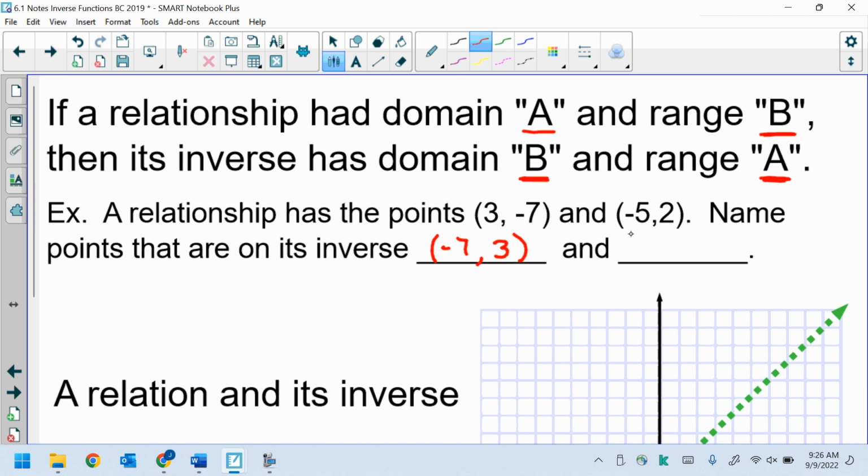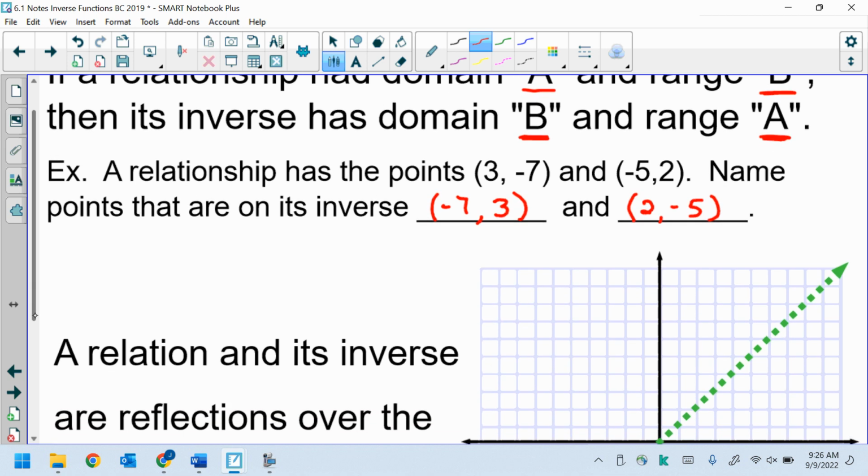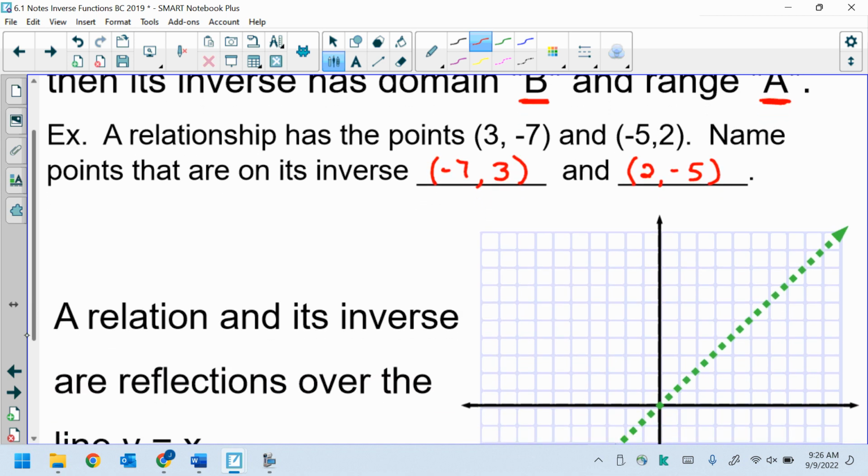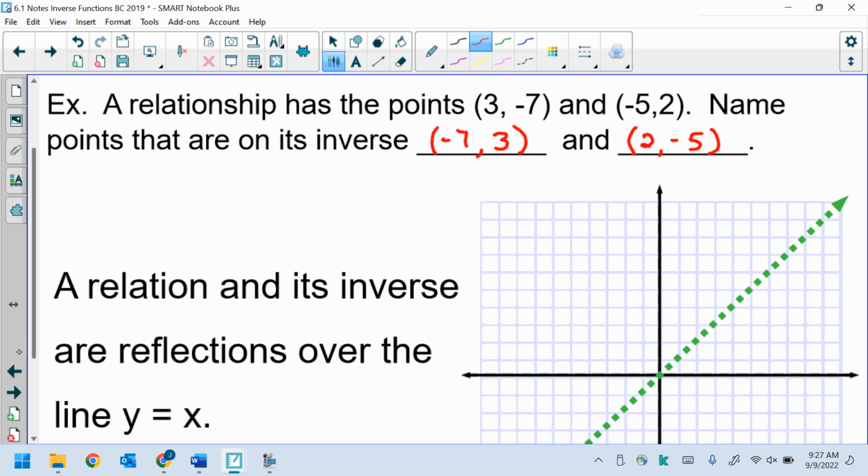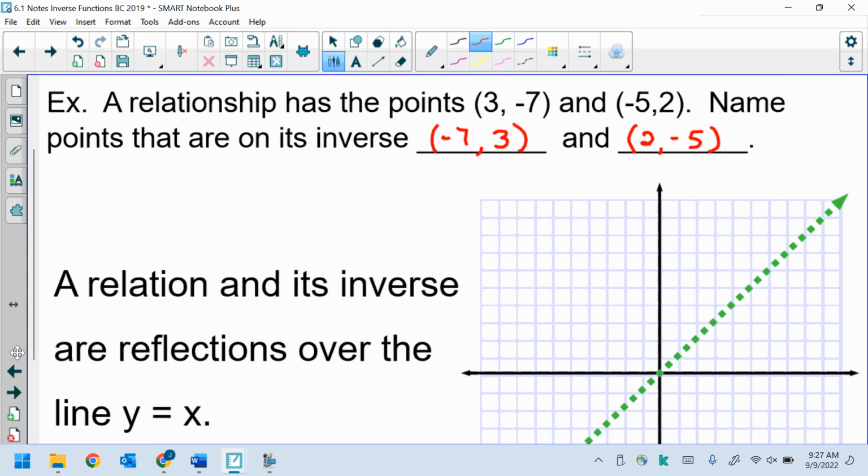Same thing here for this point. We got to switch the x and the y. We've got a -5. We've got a 2. So those are on the inverses of each other. And inverses are reflections over the line y equals x. Well, let's see.